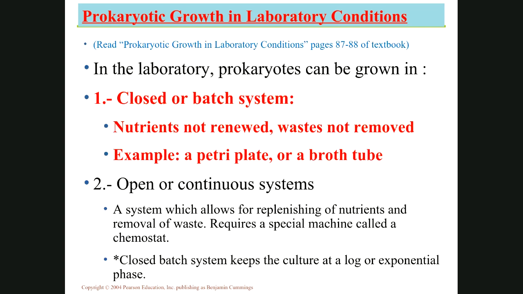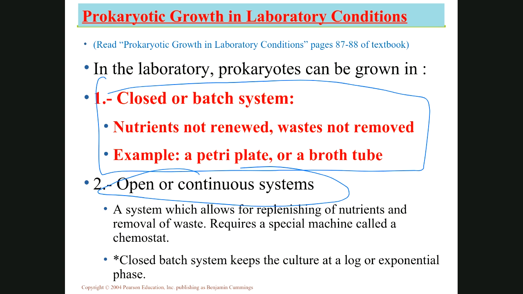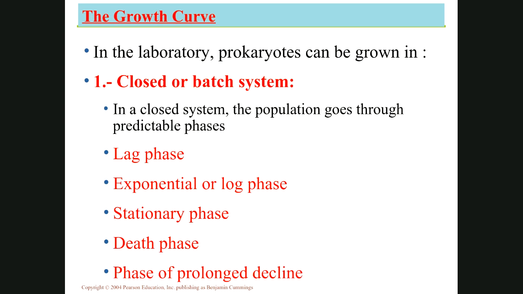Open batch systems require special equipment, and this is what the industries that grow microorganisms will have. These open batch systems allow them to continuously grow microorganisms producing whatever product they want the microorganism to produce. It will be alcohols or amino acids or acetone, whatever it is. In a medical research lab or a teaching lab, however, a closed batch system is all we need.